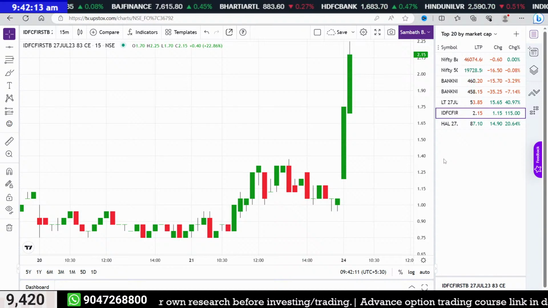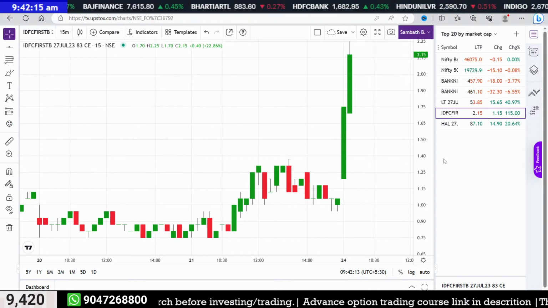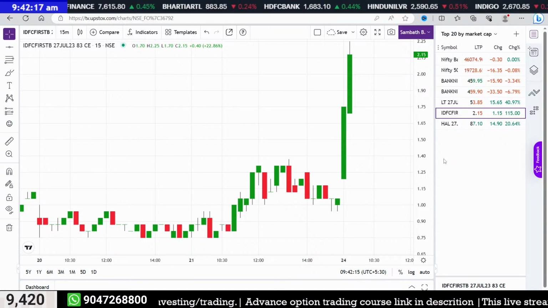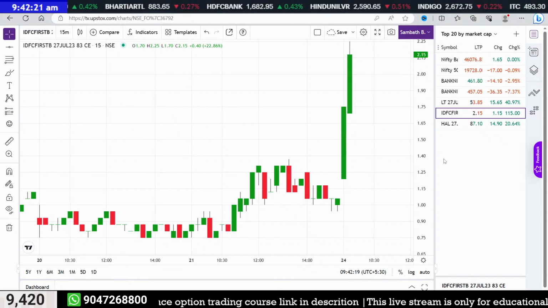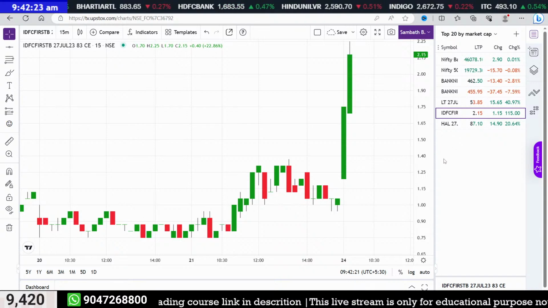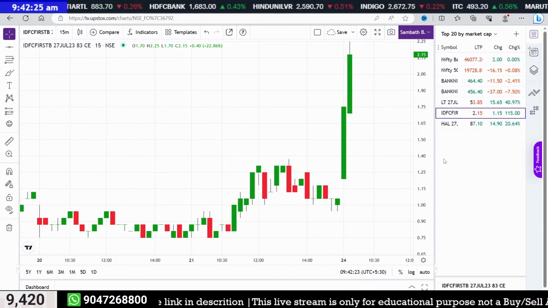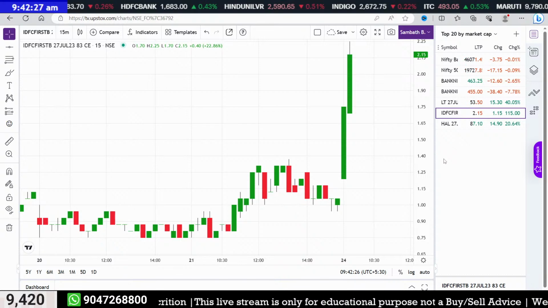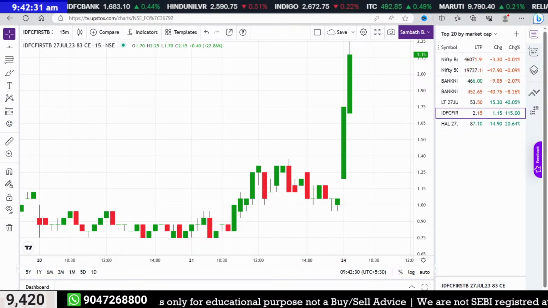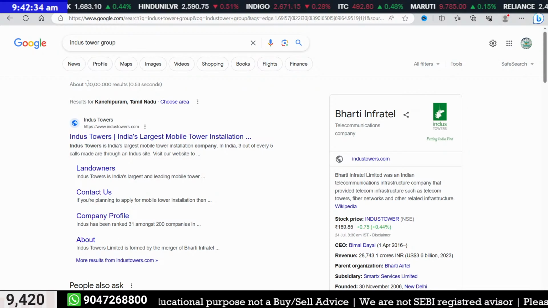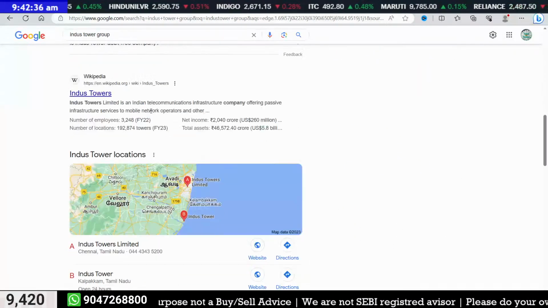It's about the individual performance of any particular stock. So we need to check the individual performance of the stocks only. Yeah, I traded Infratel previously, but now it has changed to the Indus Tower name.